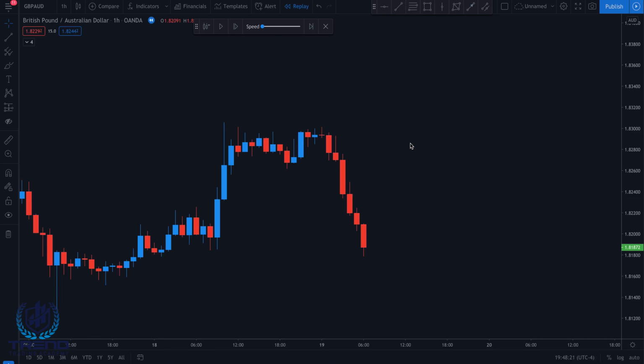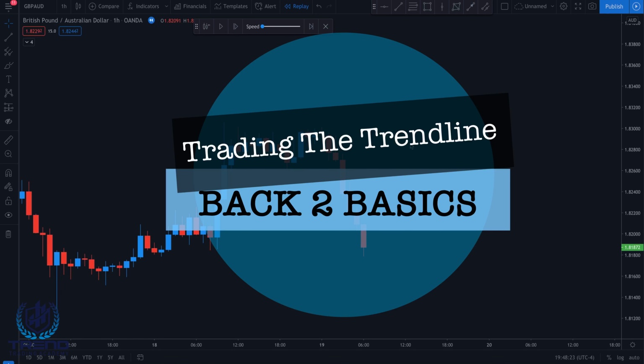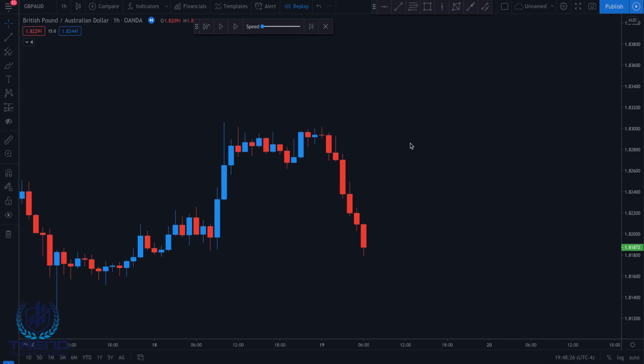All right, guys, so let's talk about trend lines. When we talk about trend lines, basically it's a diagonal level of support and resistance.